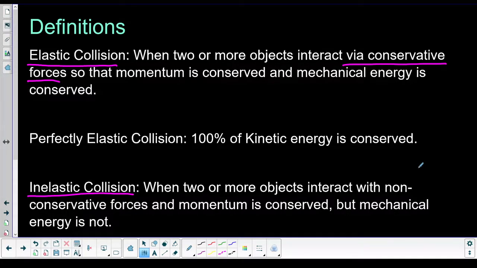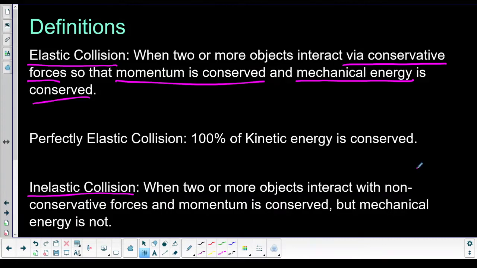There are other conservative things out there, but the test for conservativeness is kind of janky, and we don't want to get into it. So pretty much it's gravity and springs. When two objects interact via a conservative force, here's the important bit: the momentum is conserved, which is true 100% of the time, and mechanical energy is conserved, which is not true 100% of the time.